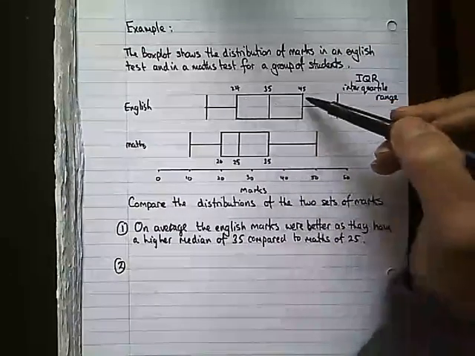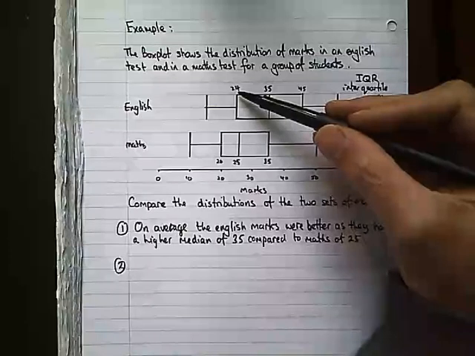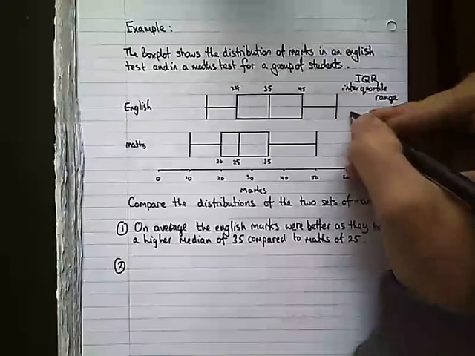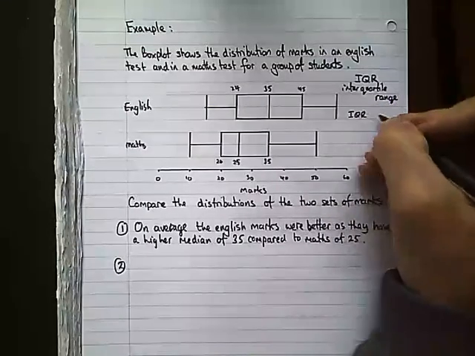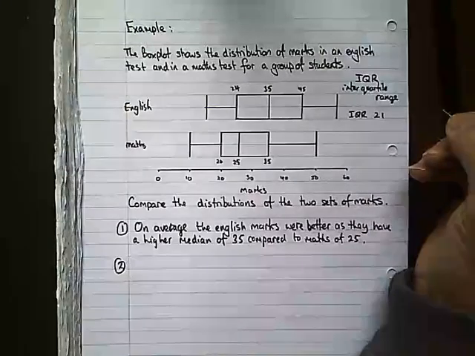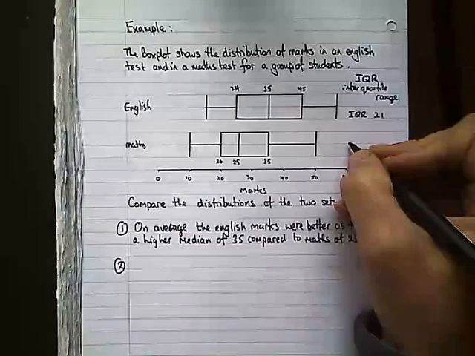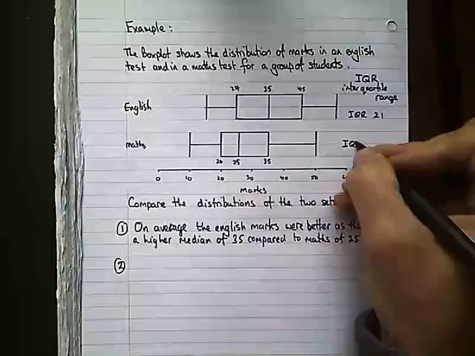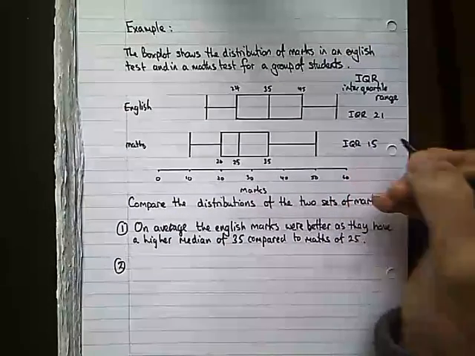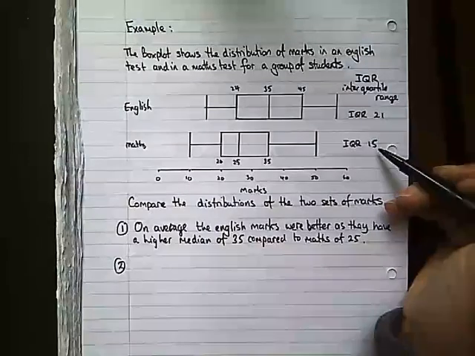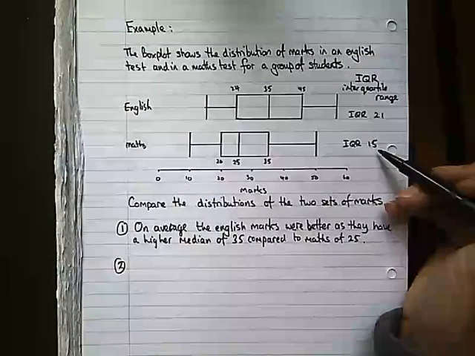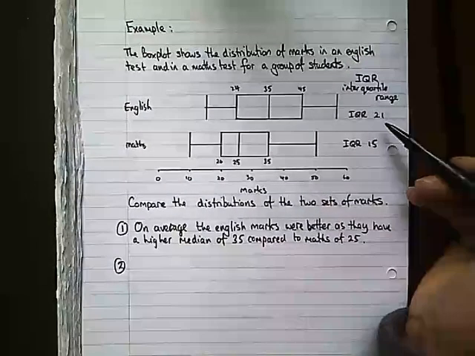So 45 take away 24 has an IQR of 21. 35 take away 20 has an interquartile range of 15. So that means the interquartile range for maths is much smaller than that for English.